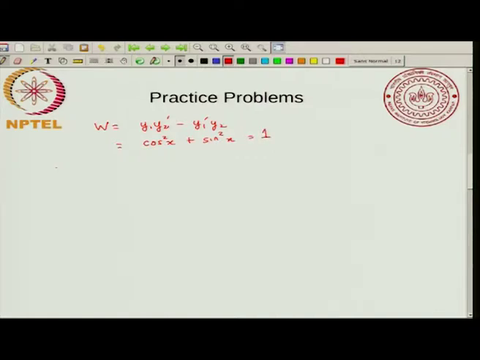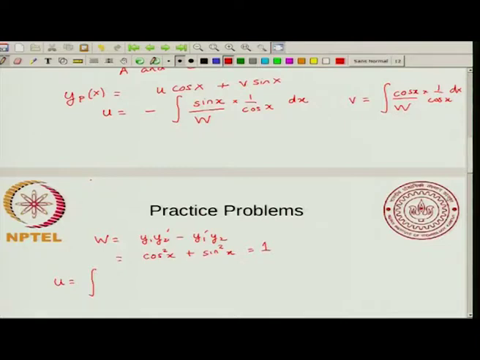So now I can write u is equal to the integral of sin x divided by cosine of x, and there is a minus sign, so I will take the minus here, dx.